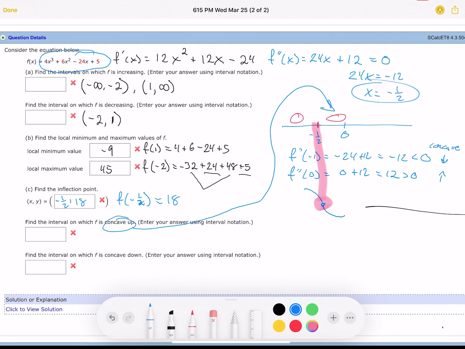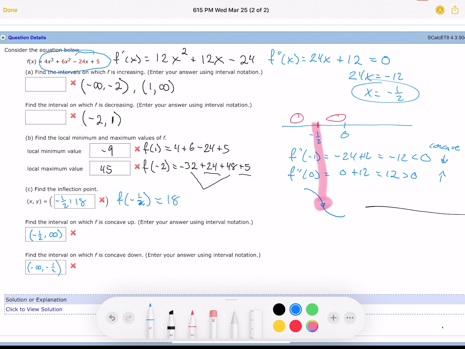So the interval on which our function is concave up starts at but excludes negative 1/2 and goes all the way up to positive infinity. Where is it concave down? Concave down was when we tested the x value of negative 1, which was to the left of negative 1/2. In other words, we are concave down from negative infinity all the way up to negative 1/2.